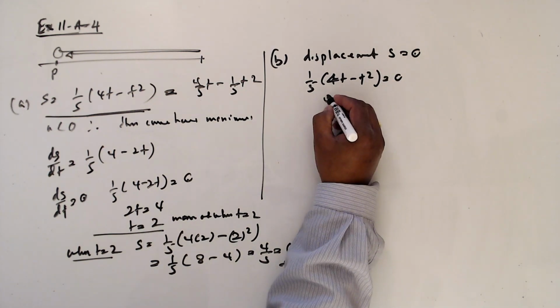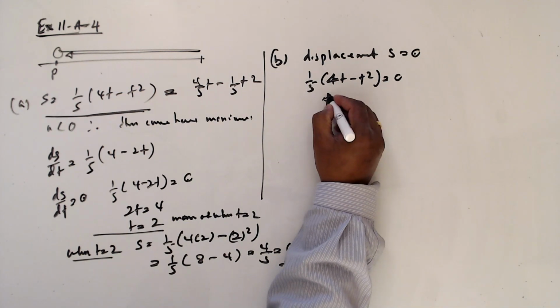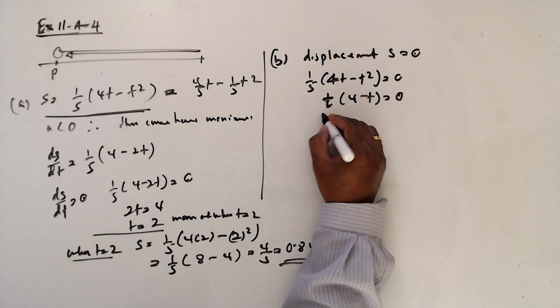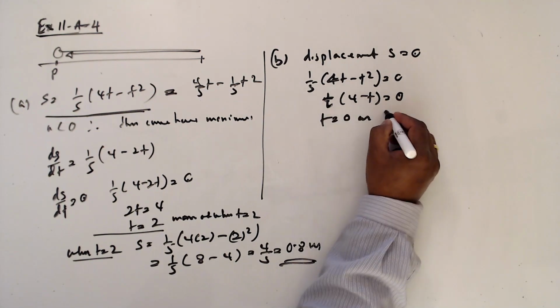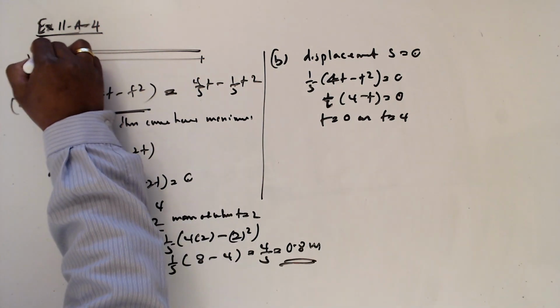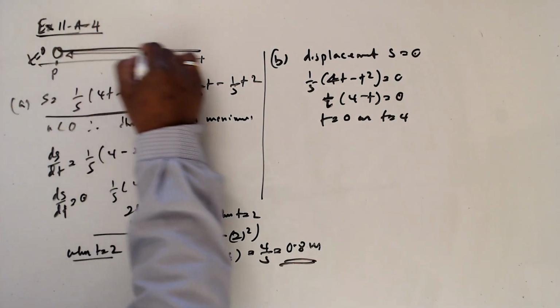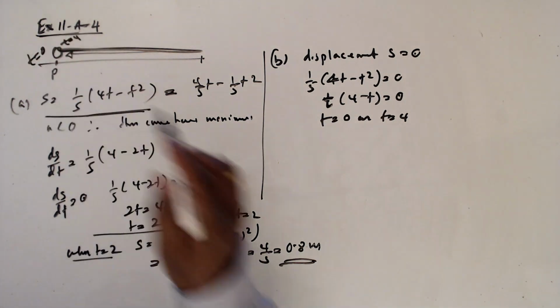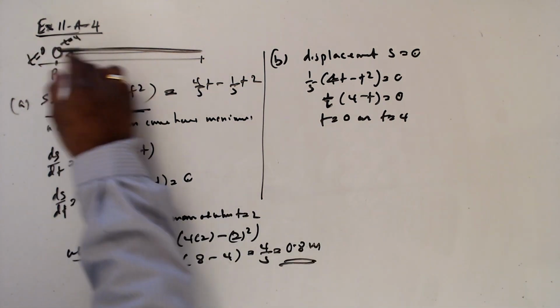I can factorize t, then 4 minus t equals 0. t equals 0 or t equals 4. So when t equals 0, the car is here, then it goes away and comes back at t equal 4. So the journey time is 4.